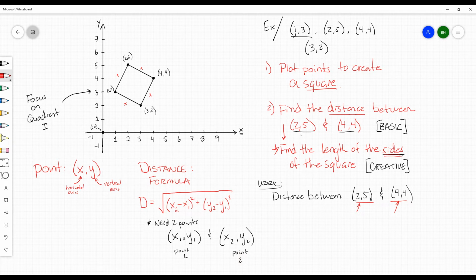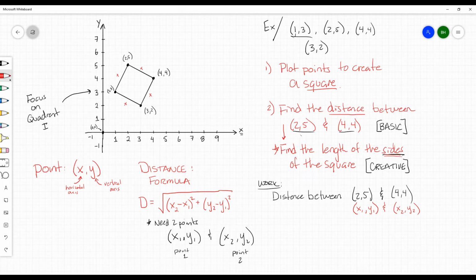So let's see how we do this when we actually write it down. So I'm going to use this distance formula. And what I want to do first, and I recommend you do this too, so that you don't get stuck and you can use this all the time, is I like to verify the different points that I'm working with. I like to label them. So in this point, I'm going to treat this 2 as my first point, and I'm going to treat this 4 as my second point.